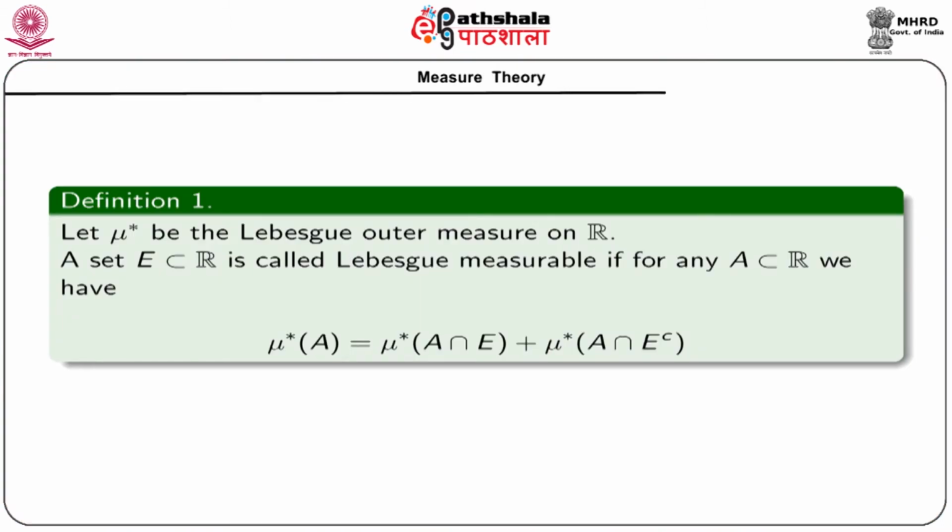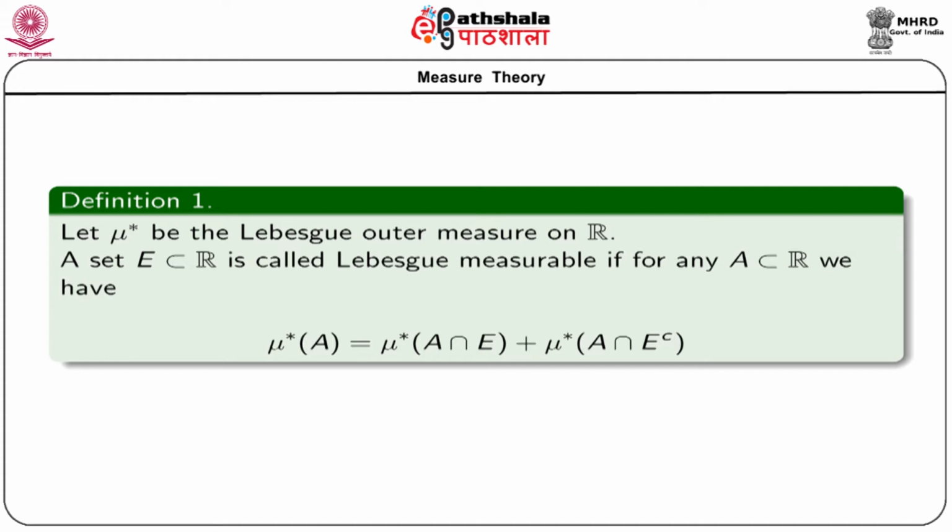So, again see the definition of a Lebesgue measurable set. Mu star is the Lebesgue outer measure on R, and a set E subset of R is called Lebesgue measurable if for any A subset of R we have mu star A equal to mu star of A intersection E plus mu star of A intersection E complement.